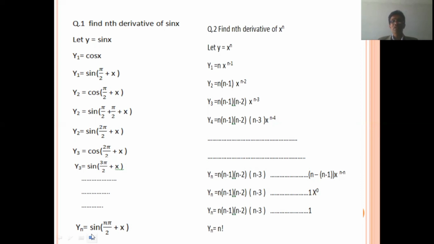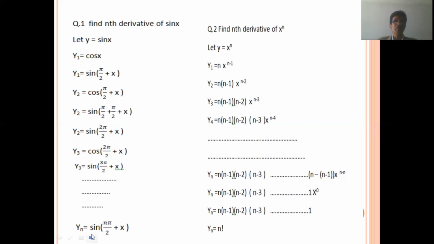Now we take the second example. Example number 2, find the nth derivative of x to the power n. Let y equal x to the power n. y1 equals n into x to the power n minus 1. Now find the second derivative: n is constant, and differentiation of x to the power n minus 1 gives y2 equal to n(n minus 1) x to the power n minus 2.